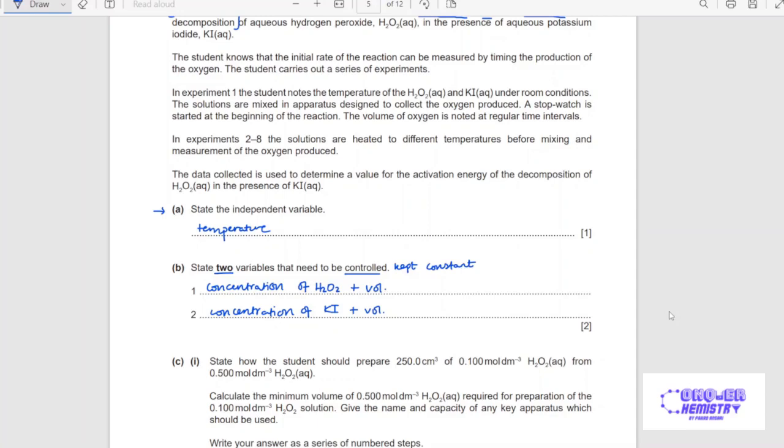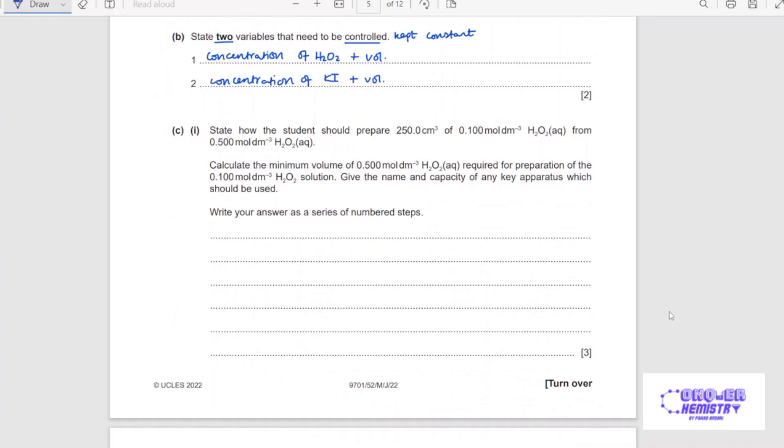Now, one very important question that shows up a lot in paper 5 is about preparing solutions. It says over here that we need to prepare 250 cubic centimeters of 0.1 mole per cubic decimeter H2O2 from 0.5 mole per cubic decimeter H2O2. For this, there's a very simple formula that we can use.